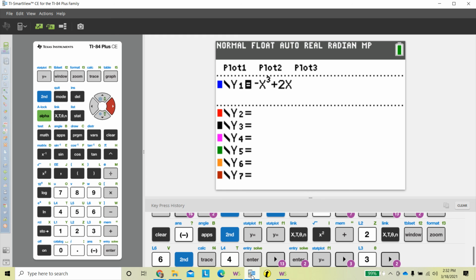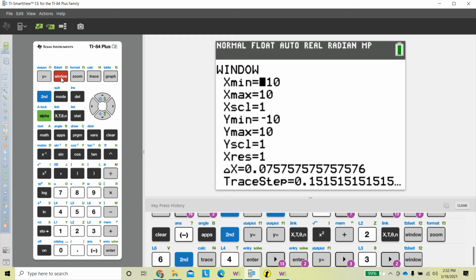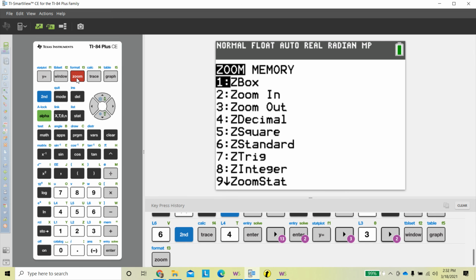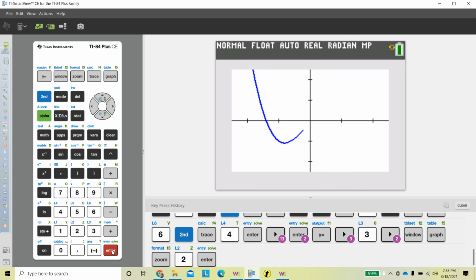Right? You can remember we're already in a regular window, but you can also just double check to make sure, and then graph it. Should look like that. If you want to zoom in so it's a little bit easier to get it, that's not a bad idea. Zoom 2, cursor's in a perfect spot, enter, makes it just much easier to do, right? So you hit zoom 2, enter to make it do that.